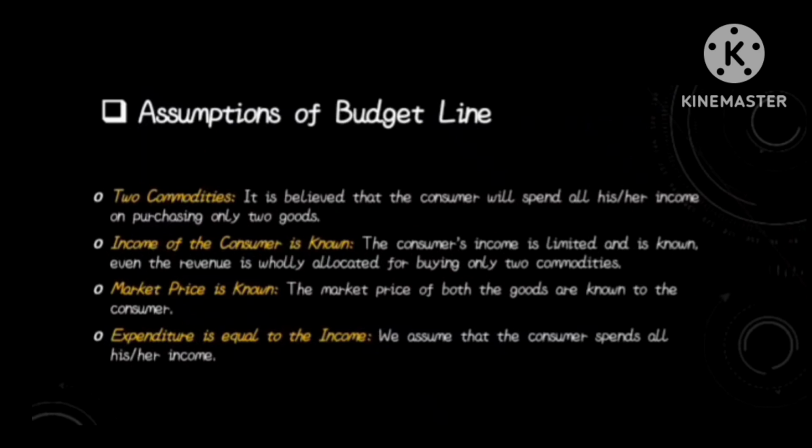Number two, income of the consumer is known. The consumer's income is limited and is known. Even the revenue is wholly allocated for buying only two commodities. Number three, market price is known. The market prices of both goods are known to the consumer. Number four, expenditure is equal to the income. We assume that the consumer spends all his or her income.